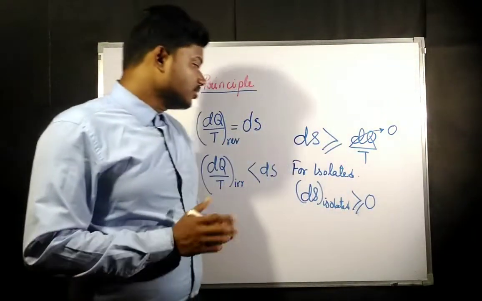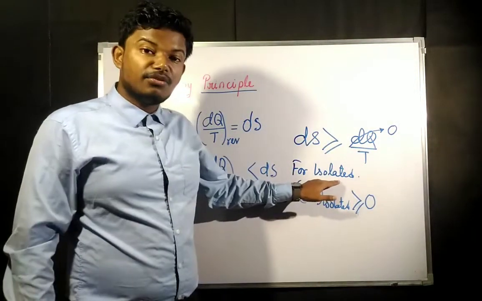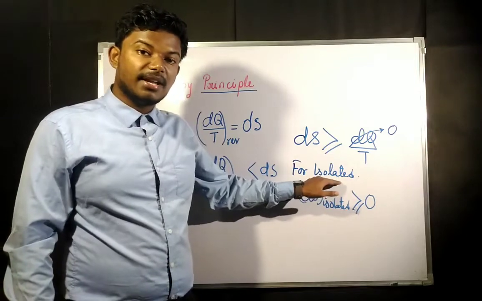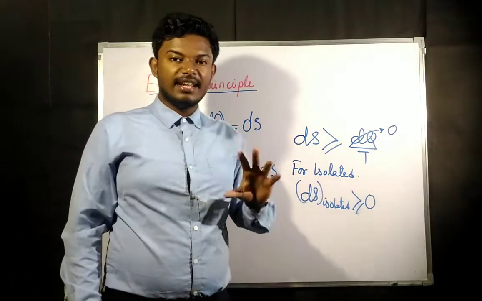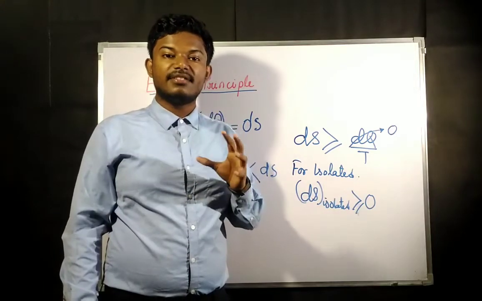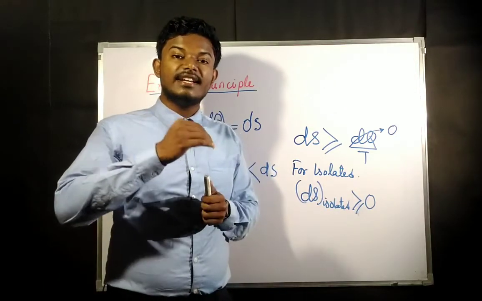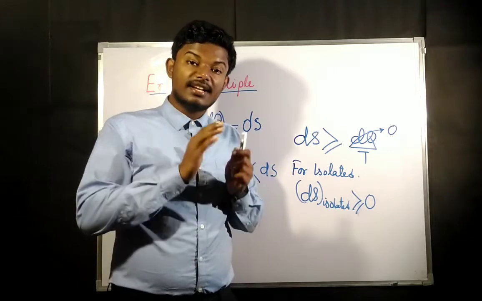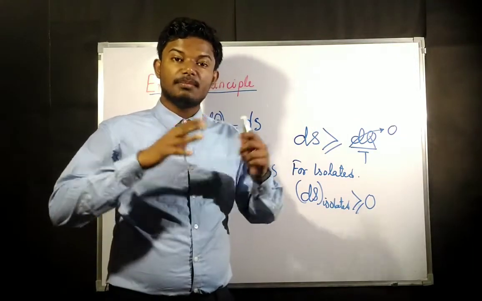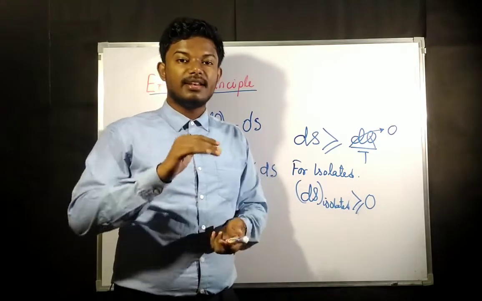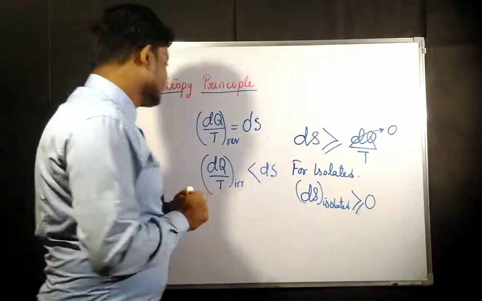Now the best example of an isolated system is the universe, because any heat transfer, energy transfer or mass transfer that is happening is only interacting between the system and the surrounding, and both of these completely combine to become the universe.